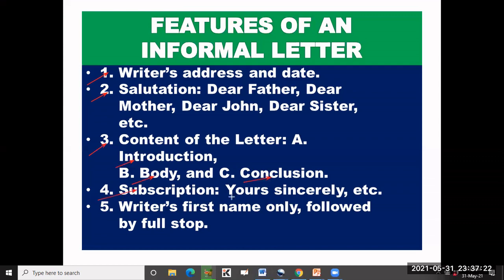One typical example is "Yours sincerely." Of course, you can come with other subscriptions, such as "Yours affectionately," "Yours ever," and so on and so forth. Then the last thing is the writer's first name only, and then a full stop.